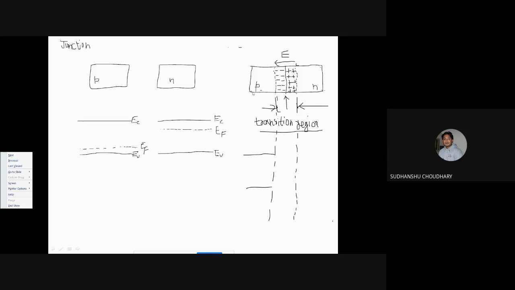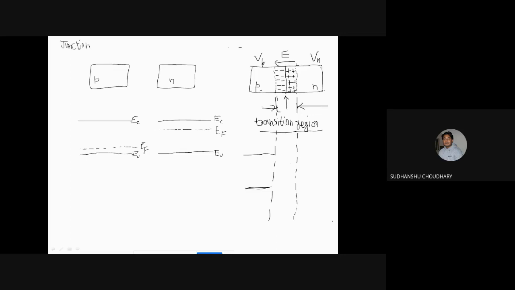Let us say Vp is the potential across the P region, which is constant, and Vn is the potential across the N region, which is also constant. So constant potential, no electric field in these two regions, so obviously the bands will be straight. That is why I have drawn straight bands.